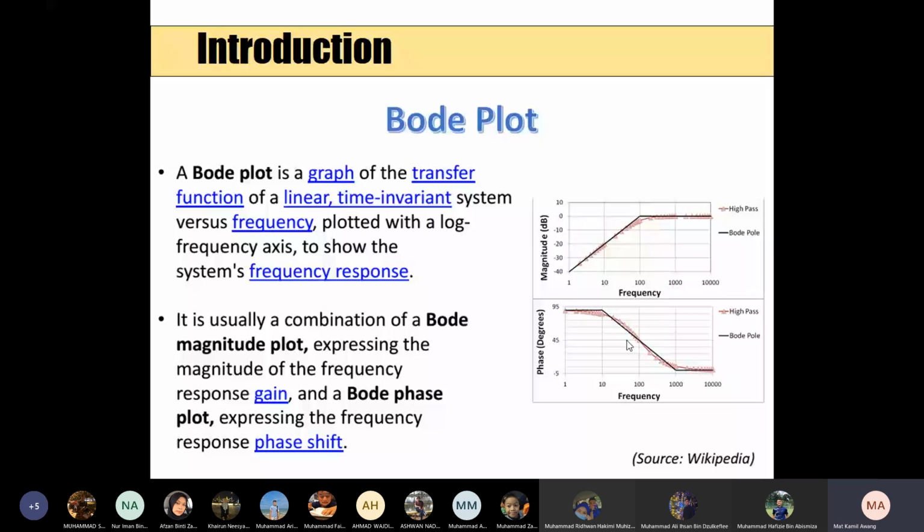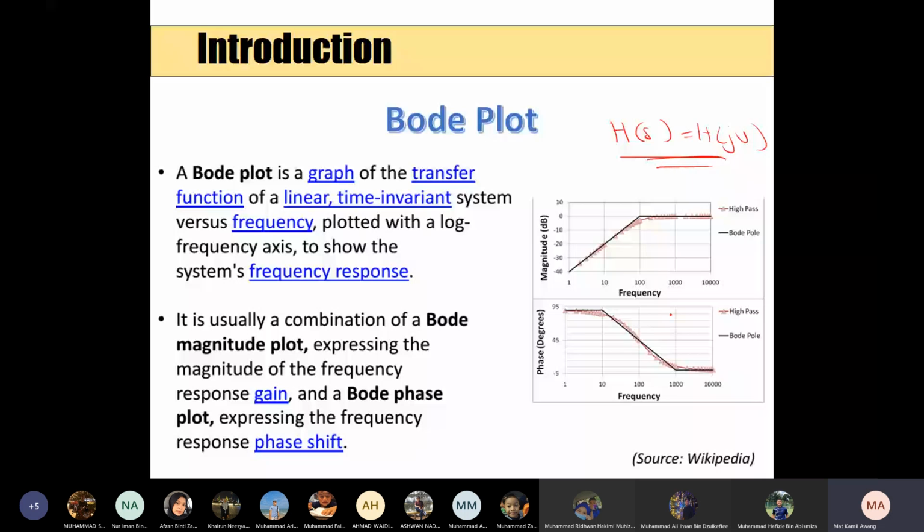So for the Bode plot, a Bode plot is actually a graph of a transfer function of a linear time invariant system versus frequency. So it's a graph of H(s) or H(jω), with respect to the frequency.